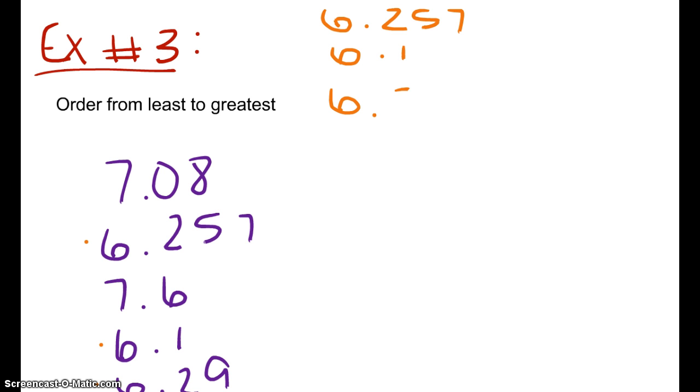Okay, so looking at the 1st place, they have 6s. That tells me nothing. In the next place, I have a 2, a 1, and a 2. So instantly, this stands out to me because 1 is smaller than 2, and I'm looking for the least number first.